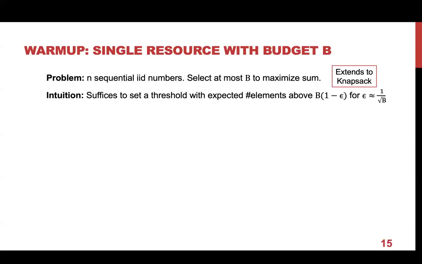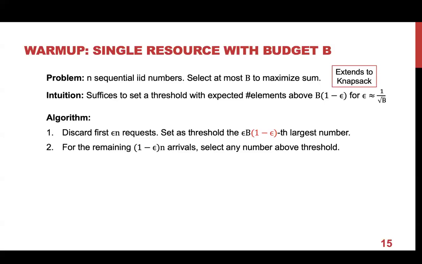A very natural idea to learn this threshold is a two-phase algorithm. For the first epsilon fraction of the inputs, just discard them. Don't take anybody, because anyway you're willing to lose epsilon times OPT, and the first epsilon fraction will only contain roughly epsilon OPT of the value. These are i.i.d. arrivals. After the first epsilon n requests, you roughly expect that out of the top B, roughly epsilon B of these top B requests will arrive in the first epsilon fraction.